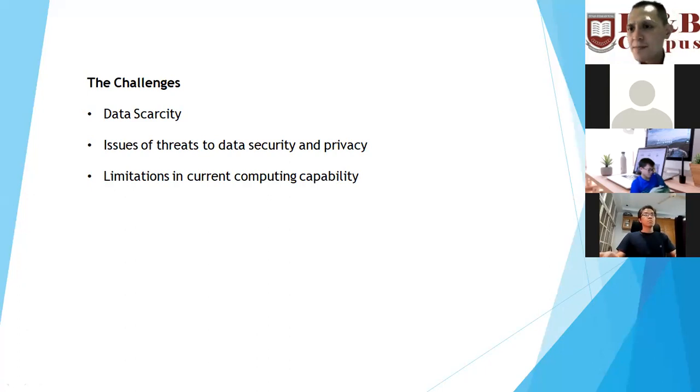This kind of thing maybe cannot be guaranteed, as this issue has been going on for a very long time, and nobody can 100% confirm the data security and privacy. So there will always be issues, and this kind of problem is going to remain.